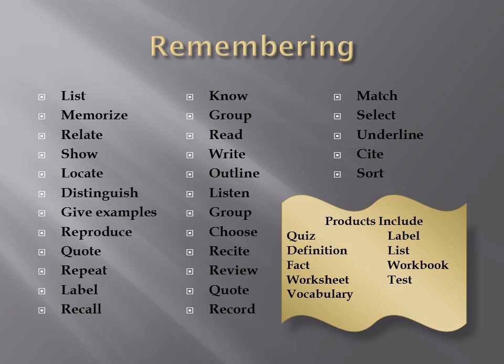And the products might include a quiz, a worksheet, or a workbook. It says a test here, but that is determined by the type of question you're giving. So not all tests would be at that remembering level. The verbiage in each of those questions determines which level of Bloom's it would be at.